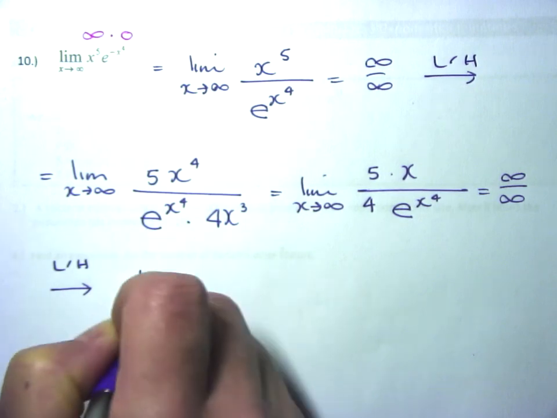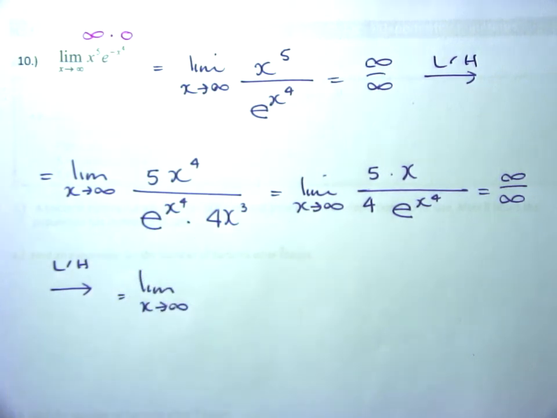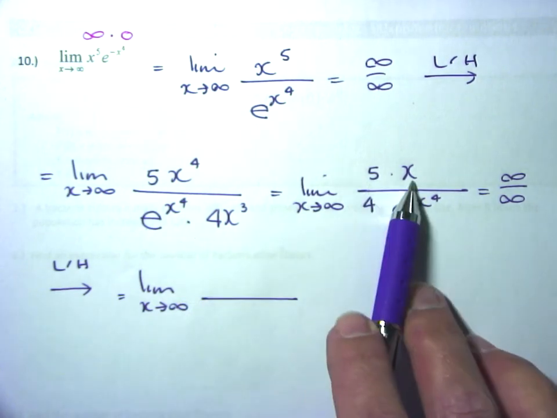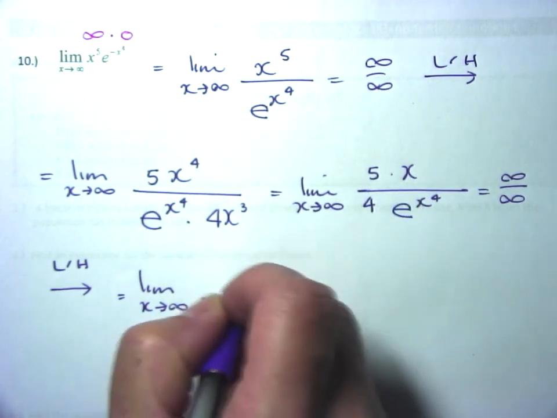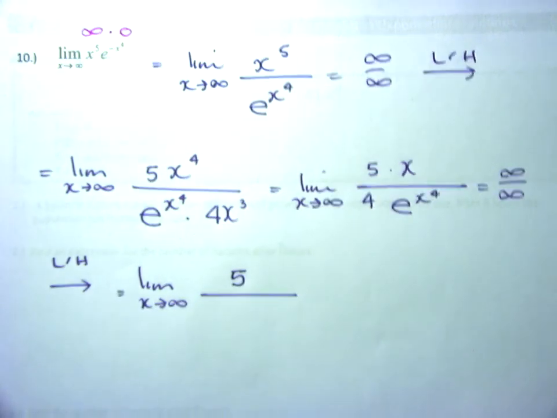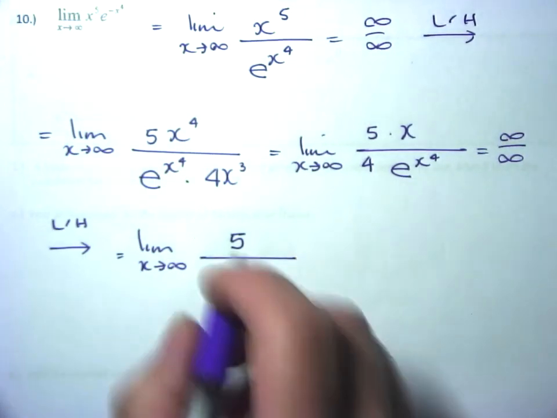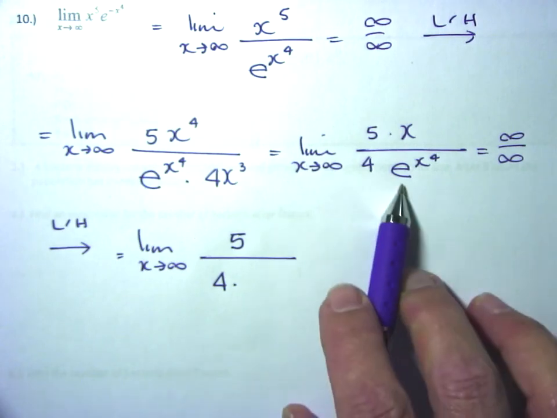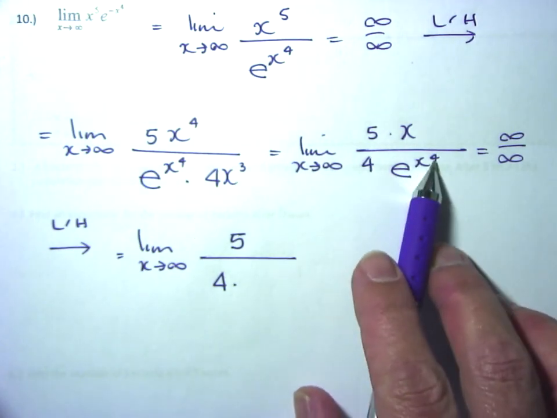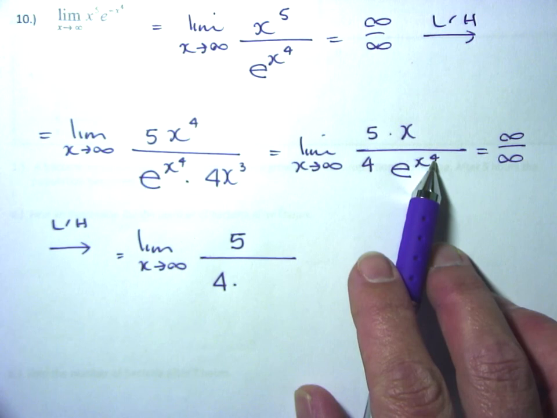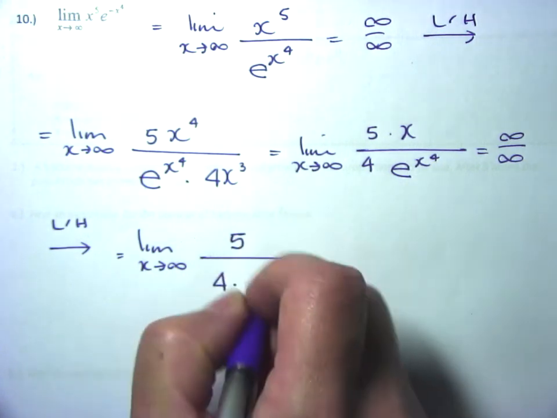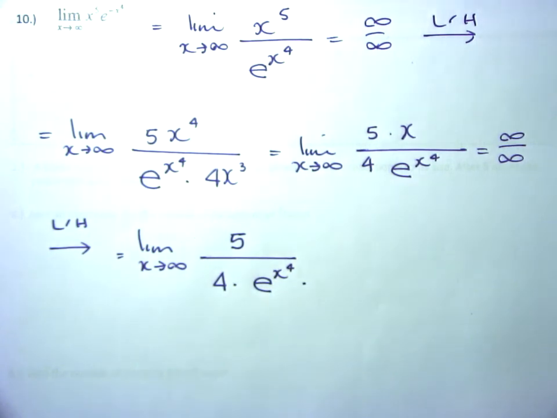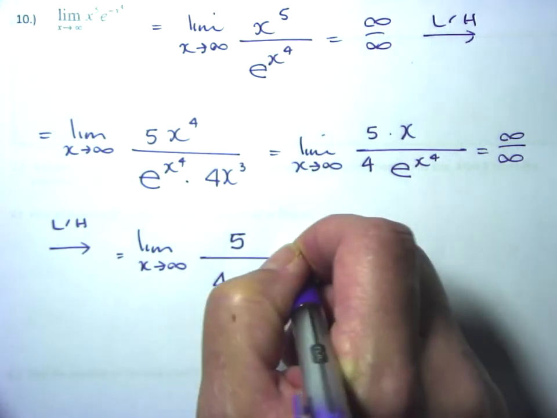So we will have the limit as x approaches infinity. All right, the derivative of 5x is just 5. 4 is a coefficient, so just leave it alone. Coefficients hold over. And again, the derivative of e raised to the power x to the 4th is equal to the derivative of the outside, e raised to the x to the 4th, times the derivative of the inside.